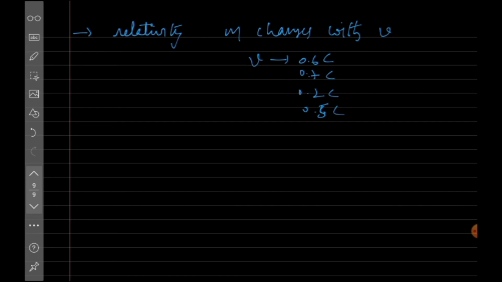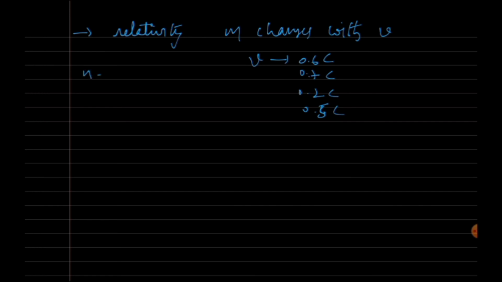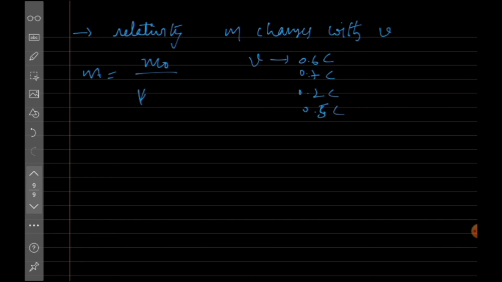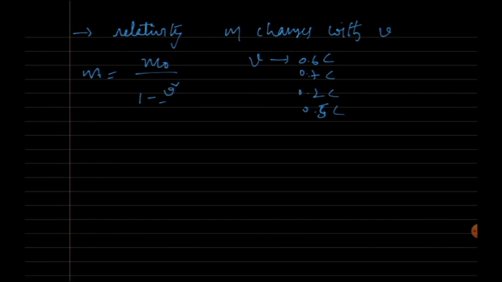And the relevant equation is given as m is equal to m naught by the square root of 1 minus v square by c square, right? So what is this m naught? m naught is the rest mass. That means it is the mass of the particle measured when it is at rest.